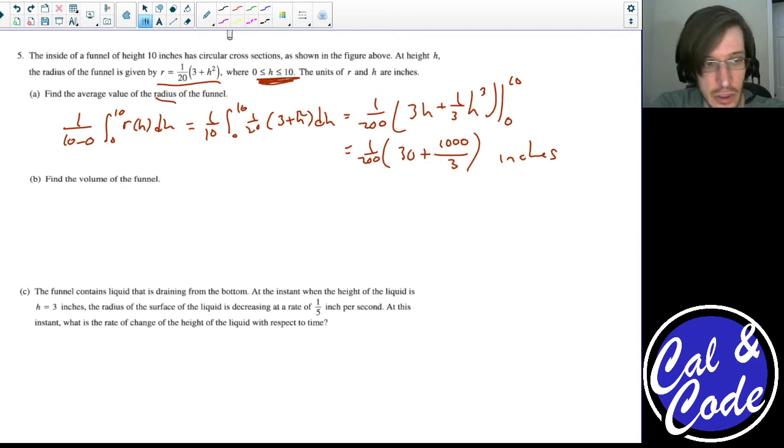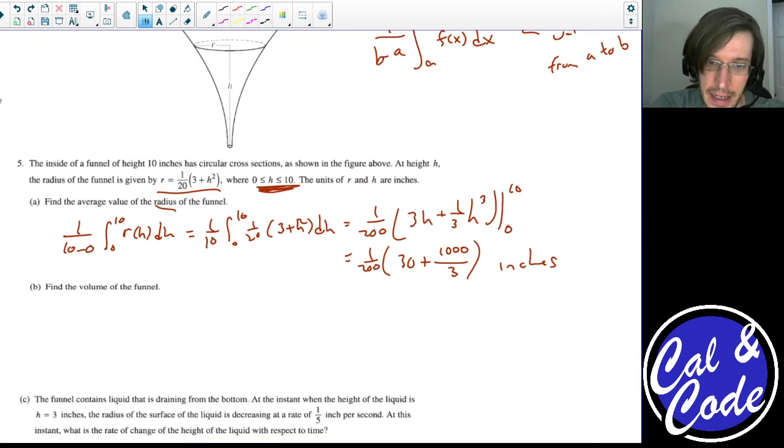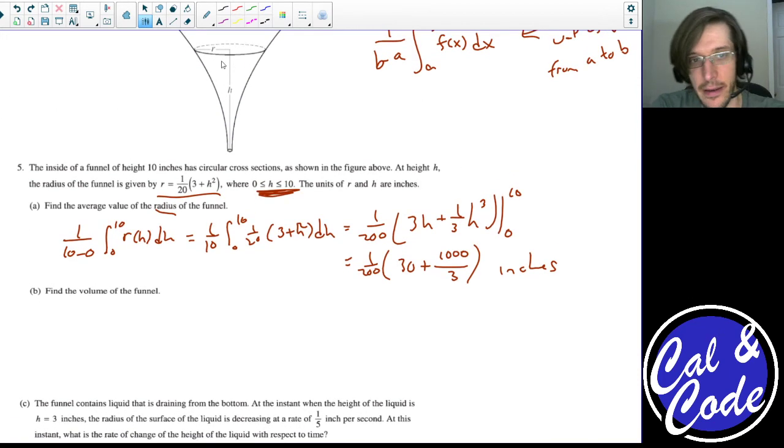Okay, if you imagine this to be the function right here, we're going to spin it around, and when we do that, we're going to make these little discs everywhere we spin, and these little discs will have really small heights.